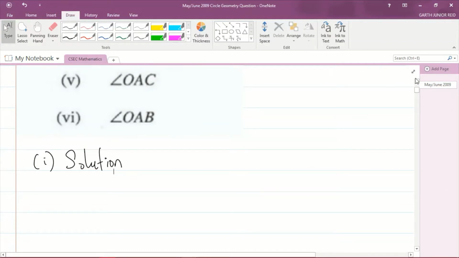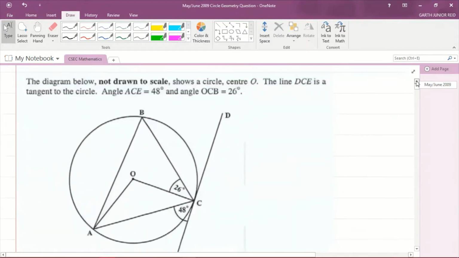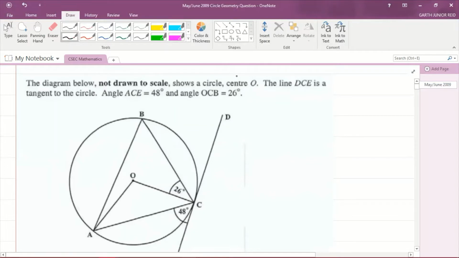They've asked us to calculate the angle ABC. A is here, B, C, so they're talking about this angle here. What do we know about that angle? How do we calculate that?